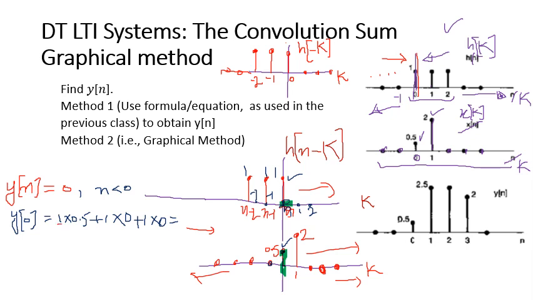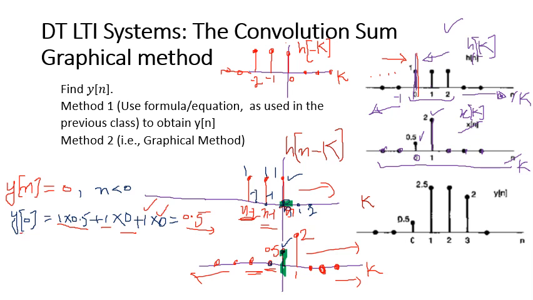Then this one is 0 and this is 1, so 1 multiplied by 0. Again this sample is 1 and this is 0, so 1 multiplied by 0. So 1 into 0 is 0, 1 into 0 is 0, 1 into 0.5 is 0.5. So the value of y of n is equal to 0.5 when n equals 0.